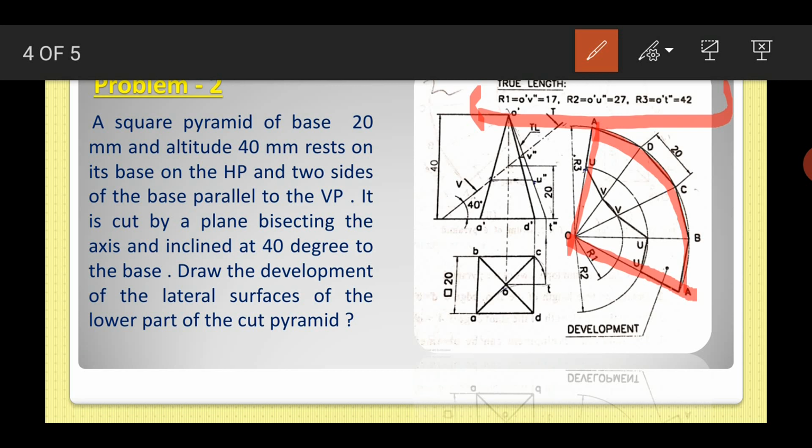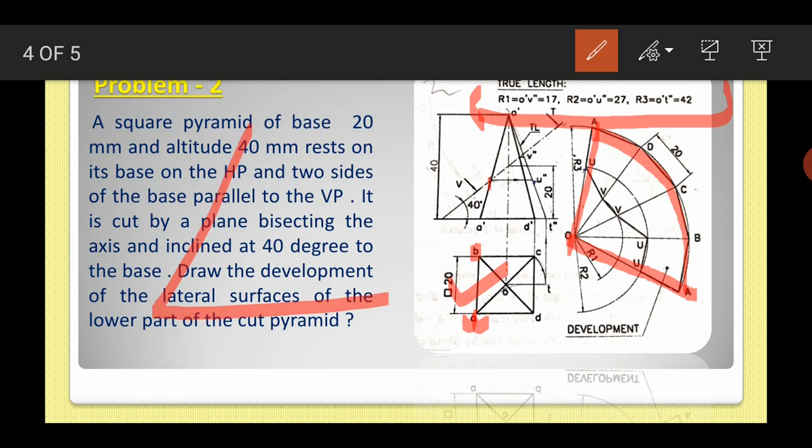Now when you cut with a plane, you can see that both sides A and B are affected, isn't it? Both parts, the same point it passes through.